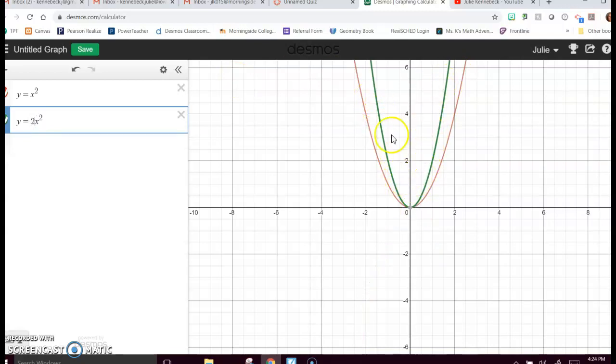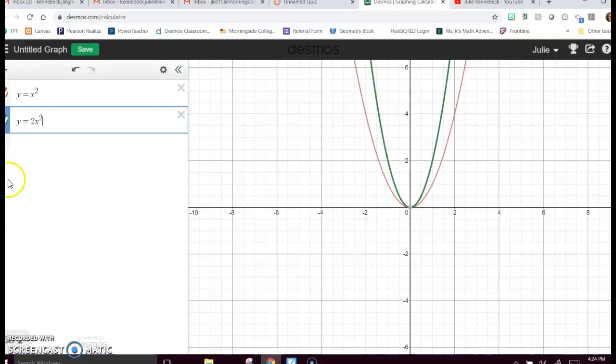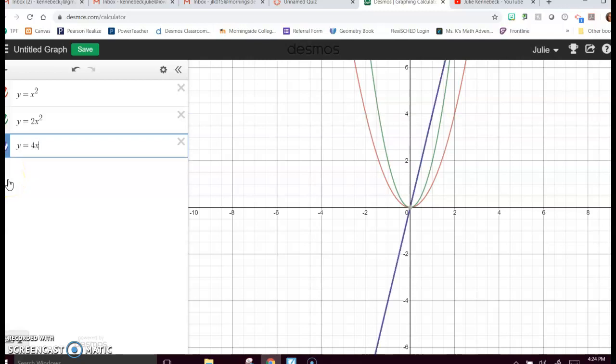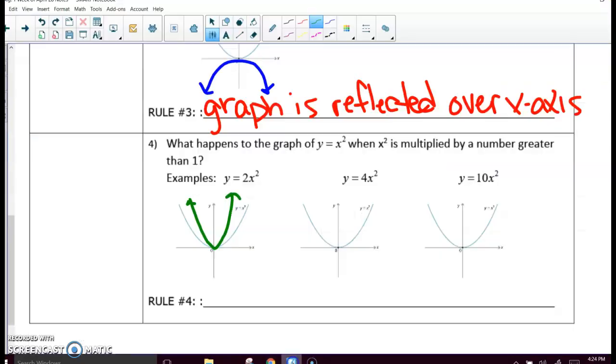My green graph compared to my red one. Let's see what happens when we look at the graph of y equals 4x squared. Again, getting narrower.